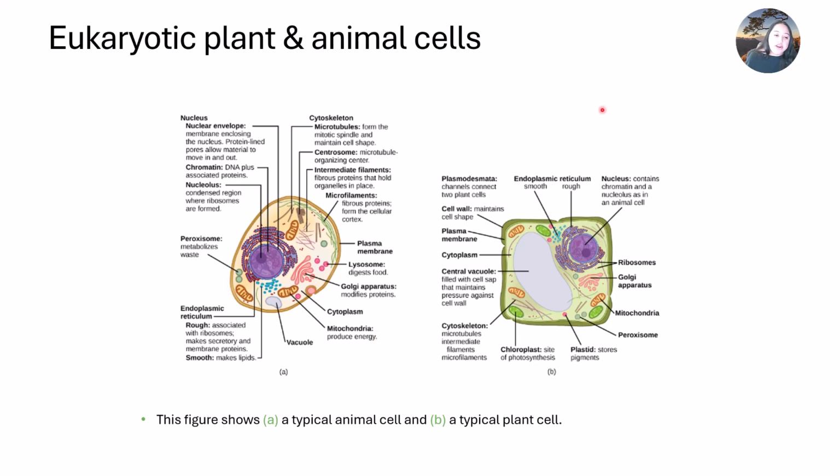And so eukaryotic cells include plant cells and animal cells. On the left is a typical, generic animal cell, and on the right is a generic plant cell. There are some things that are additional in plant cells.